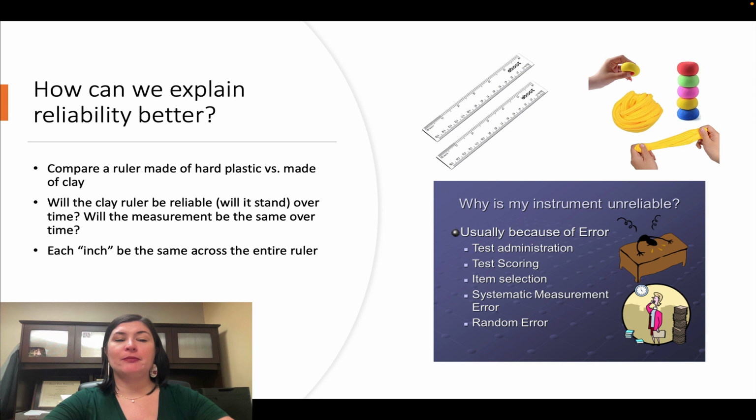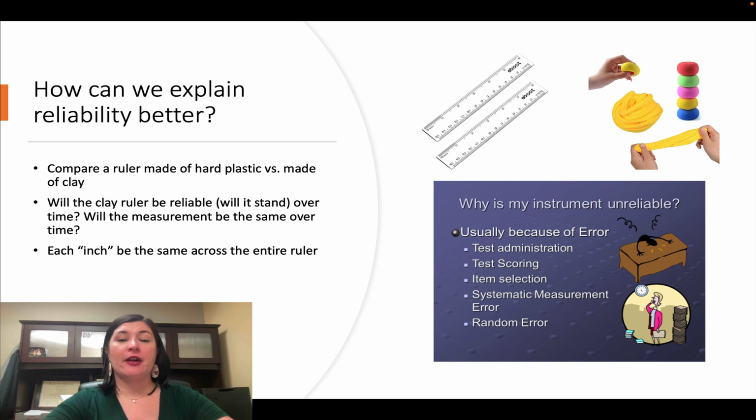Let's compare a ruler made of hard plastic versus one made of clay. Will the clay ruler be reliable? Will it stand over time? Will the measurement be the same over time? Will each inch be the same across the entire ruler? Likely not, right?